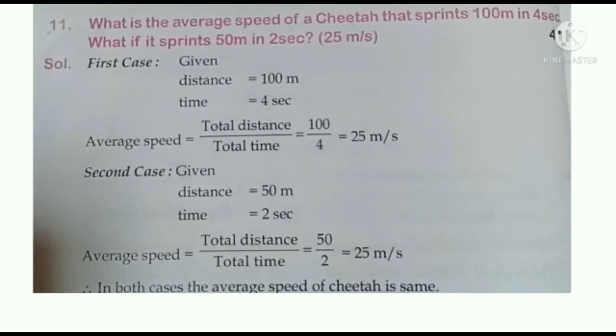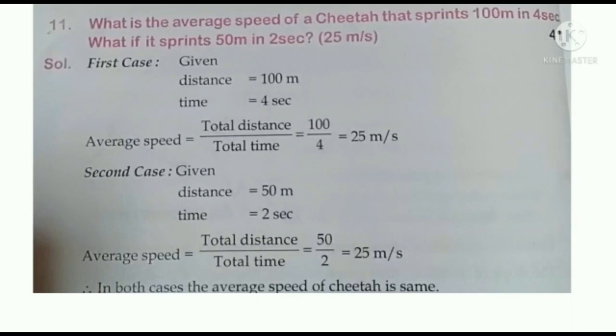To find the average speed, first, the given distance is equal to 100 meters. Time is equal to 4 seconds.